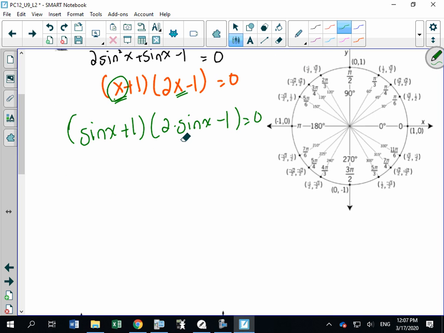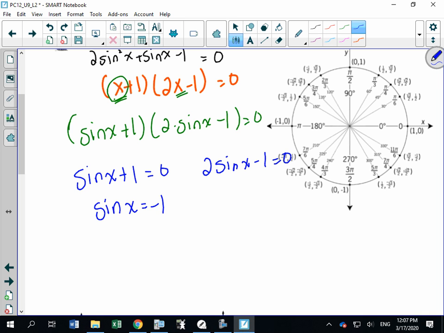Set each factor equal to 0 and solve. So sine of x plus 1 is equal to 0, and 2 sine of x minus 1 is equal to 0. They're asking, okay, well, where is sine of x equal to negative 1? The second one is, where is sine of x equal to 1? And then we got to divide by 2. So where is sine of x equal to 1/2?